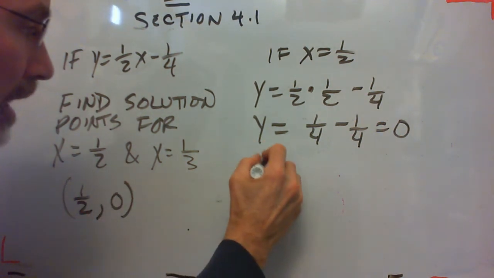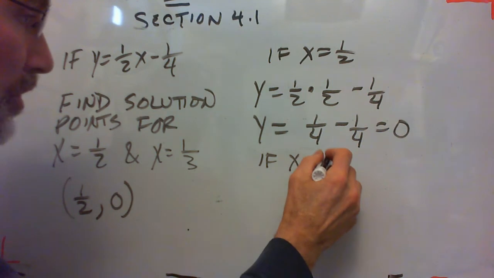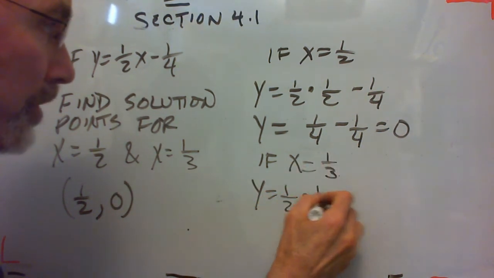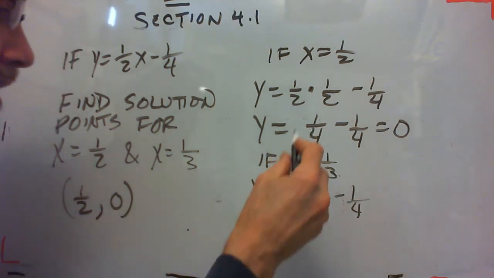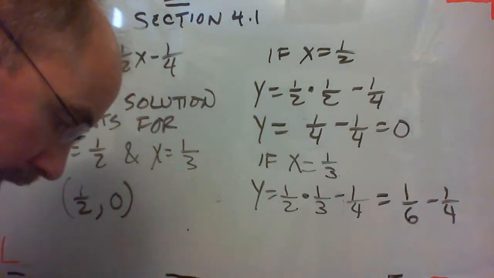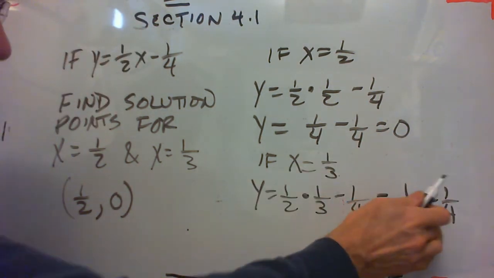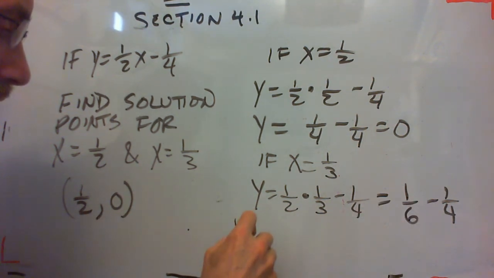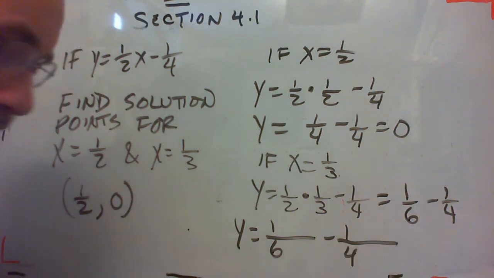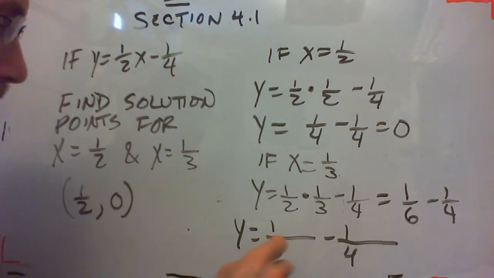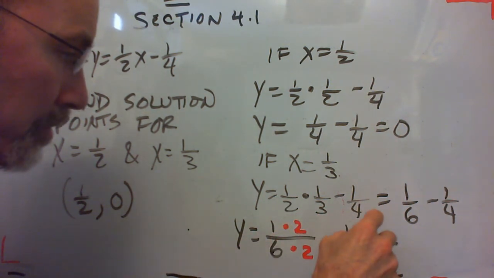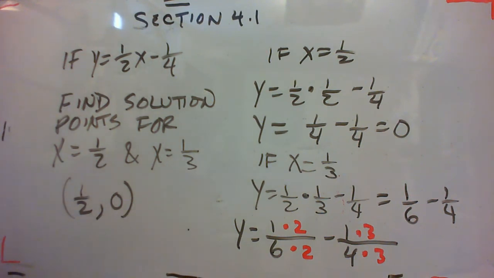Okay, now the other one. If x is 1/3, y is 1/2 times 1/3 minus 1/4, which is 1/6 minus 1/4. And here we need the common denominator of 12ths. So we have to multiply the 6 by 2 and the 1 by 2 and the 4 by 3 and the 1 by 3.